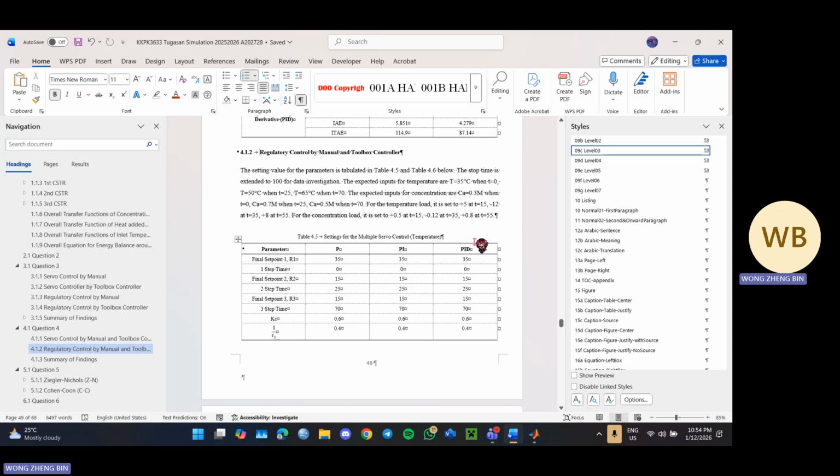And the expected inputs for concentration is 0.3 mole at time equals 0, and then the concentration rises to 0.7 mole when time is 25, and then drops to 0.5 mole when time is 70. And for the temperature load, it's set to +5 at 15, -12 at 35, +8 at 55. For concentration, load is set to +0.5 at 15, -0.12 at 35, and +0.8 at 55.